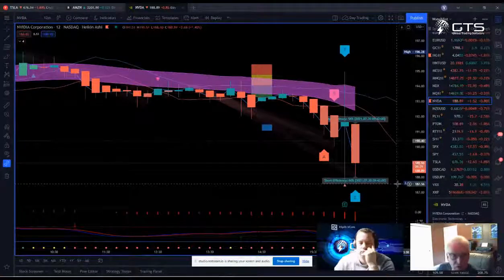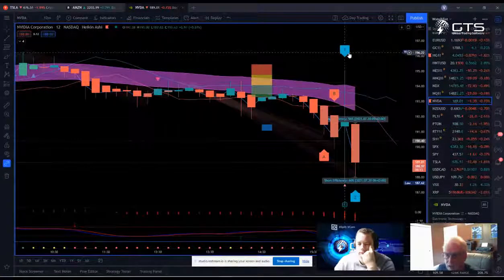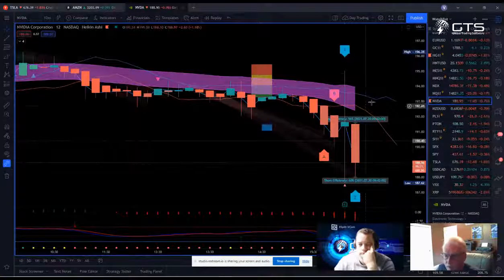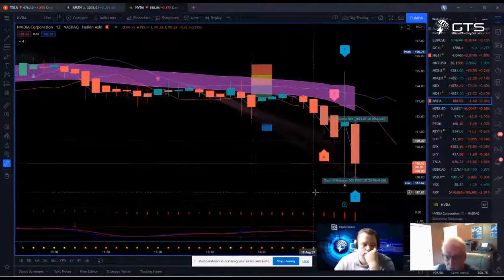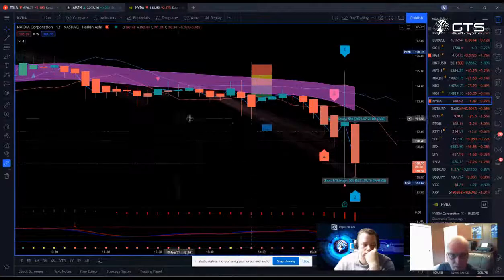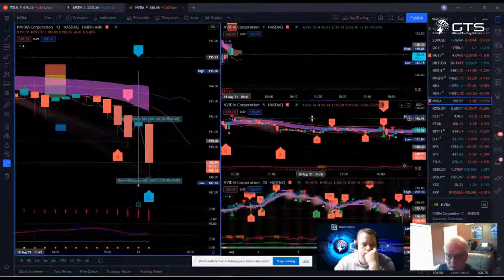This is not congruent with the 1 minute, but this is also not congruent with the price data. So I'd have to go in and look at the bar count on here, but I'm just showing you my process first. And then, like I said, I would drop down to the 5 minute.